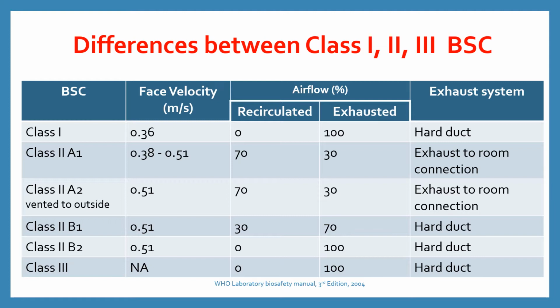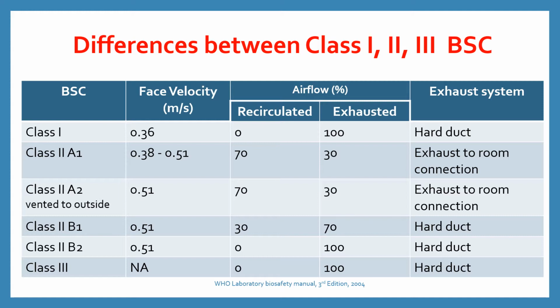Class 2, A1 and A2 have a similar airflow pattern with 70% air recirculated and 30% exhausted. The differences are the face velocity, which is higher in Class 2, A2, and that the exhausted air is vented outside in Class 2, A2.